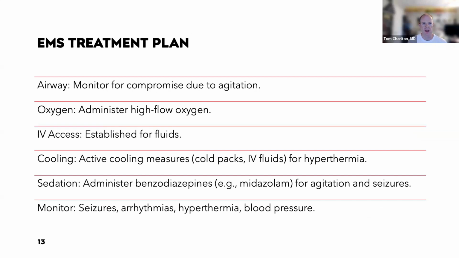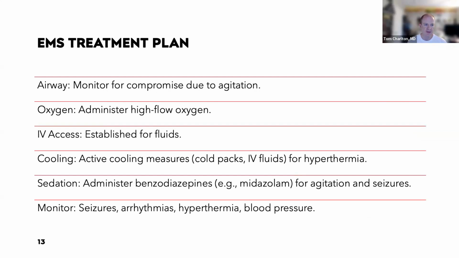So our treatment plan for EMS is, we need to monitor this guy's airway because of some agitation. If he does begin to have significant altered mental status, it may be that he gets to a point where he's unconscious and we need to support his airway. We only really need to administer oxygen if he's really complaining of shortness of breath or his pulse ox is low.